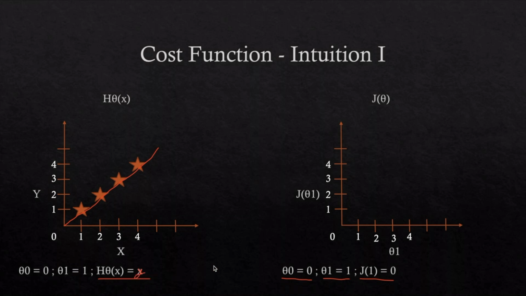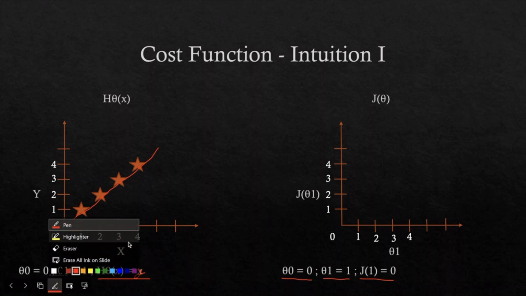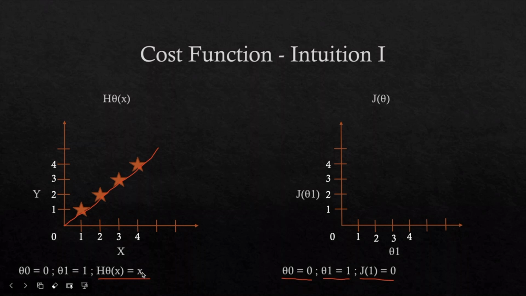I am really sorry for this. I do not know where my mind has gone, but this will be x only. Yes, sorry for this. Then let us see what will happen in the J of theta function.